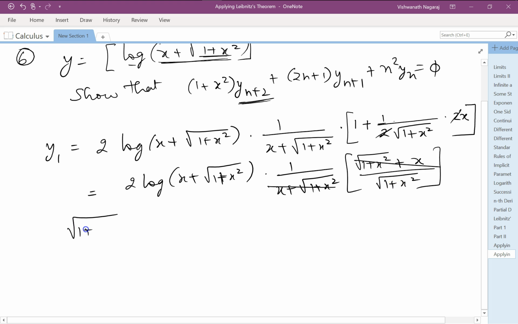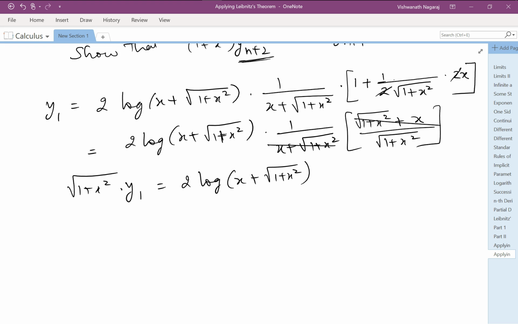So square root of 1 plus x square y1 is equal to 2 log x plus square root of 1 plus x square. I want to remove this square root, so let's square it off. So if we square it off, what do we get?